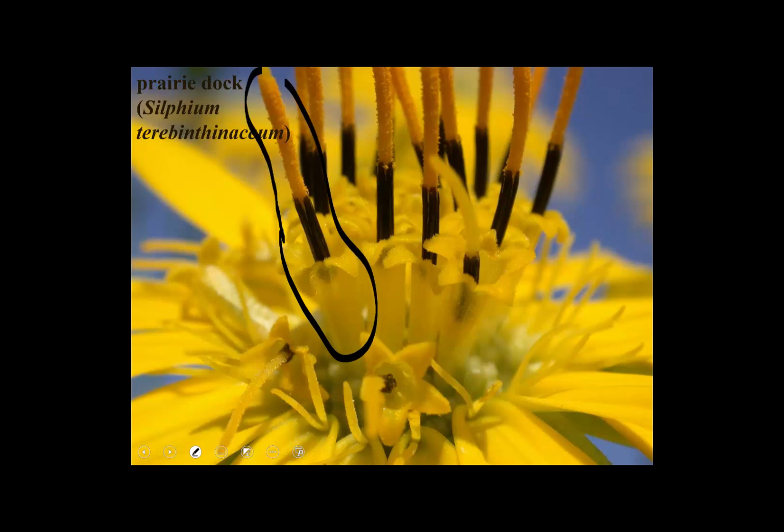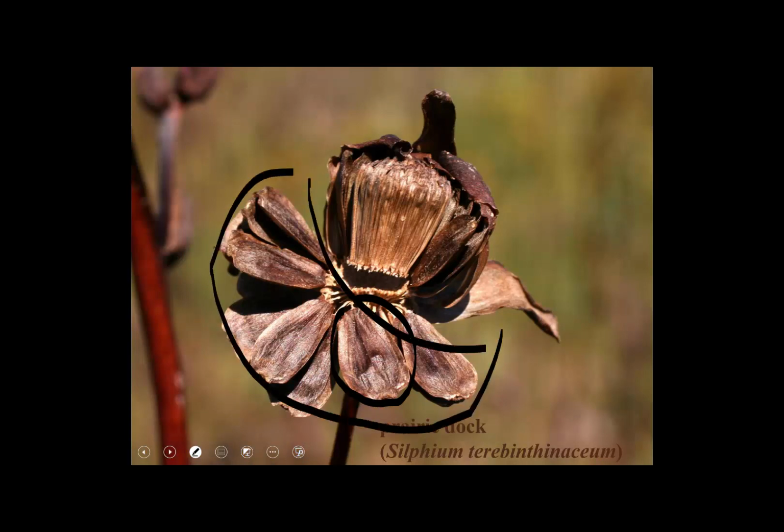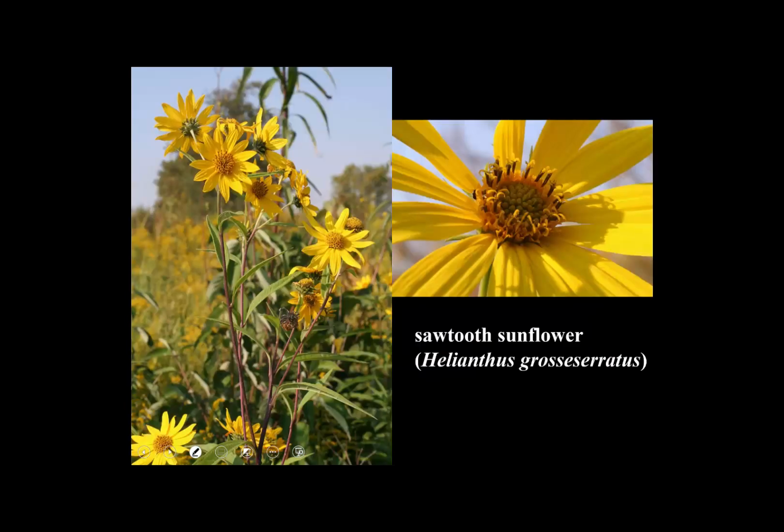They only produce stamens, and they have this column that presents the pollen. But there's no fruits from these disc flowers. The fruits in Silphium are from the ray flowers. So these fruits are only at the periphery of the flower because only the ray flowers produce the fruits. It's a Silphium thing.